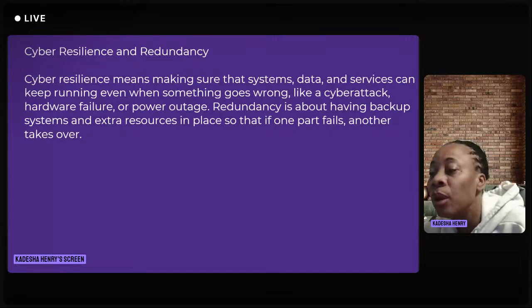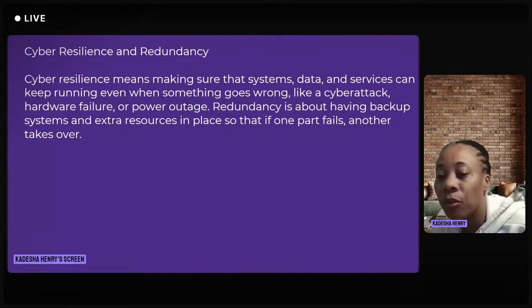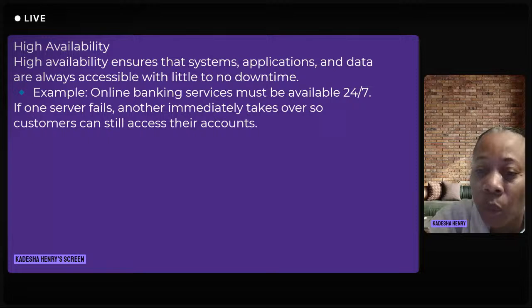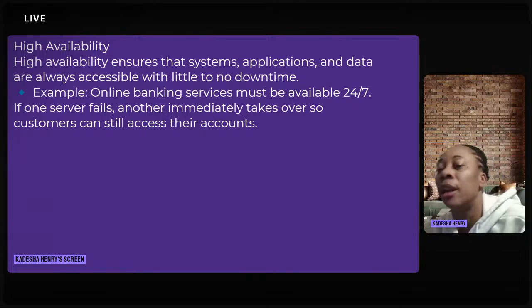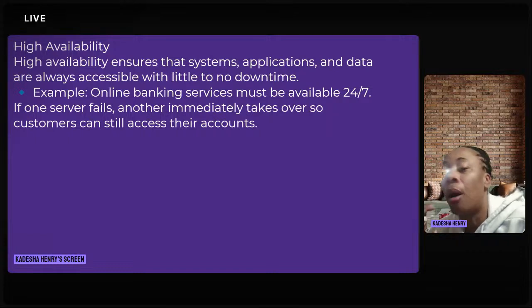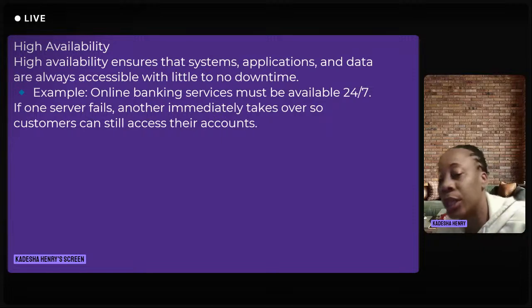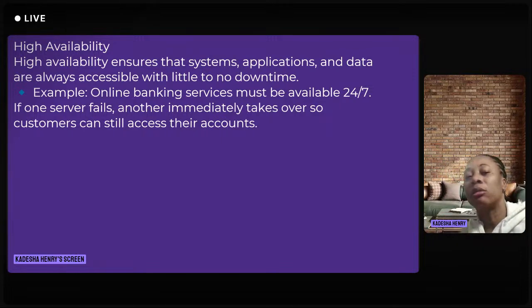And then for those places where we use power, we have to have generators that will automatically power on if it suspects that there is a power outage. So when we look at resilience and redundancy, we're looking at high availability.